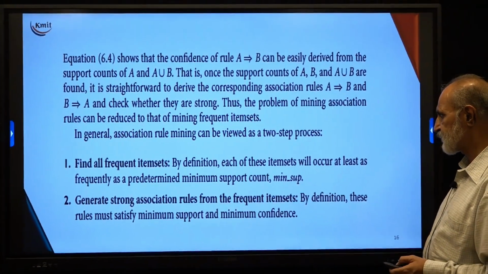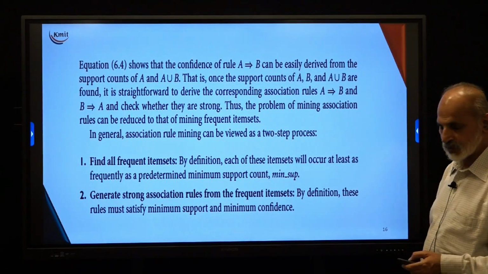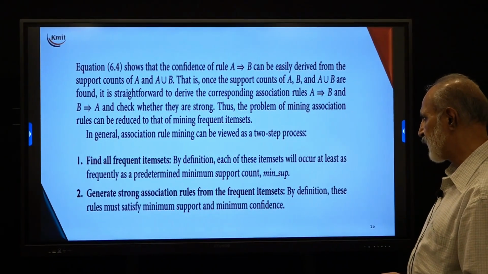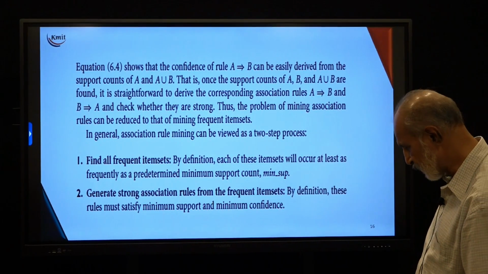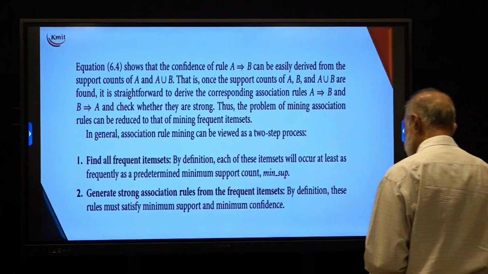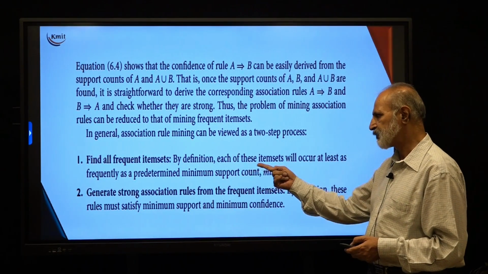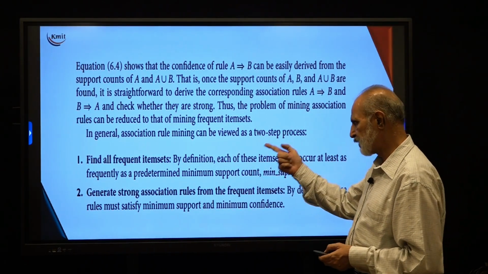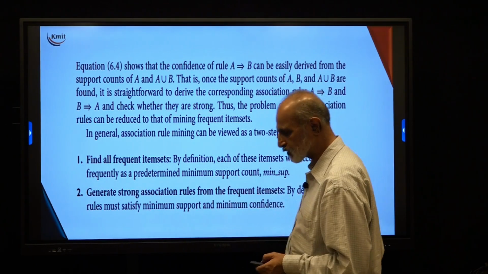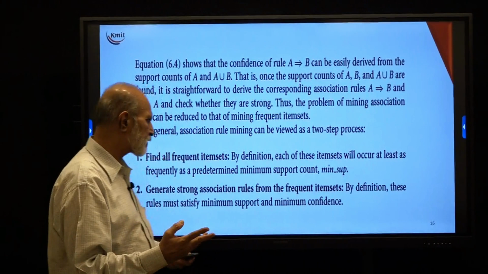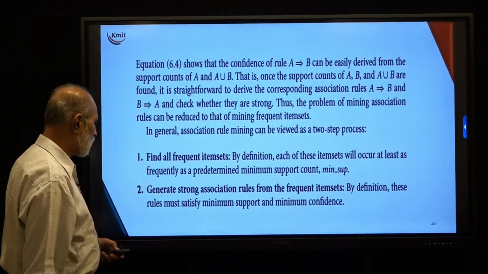In general, association rule mining can be viewed as a two-step process. Number one, find all the frequent itemsets, meaning by definition each of these itemsets will occur at least as frequently as a predetermined minimum support count. So if I say it has to occur at least 2 times, my minimum support becomes 2.